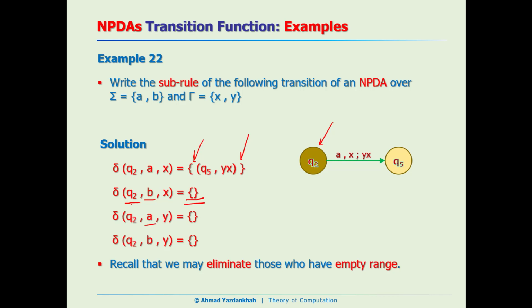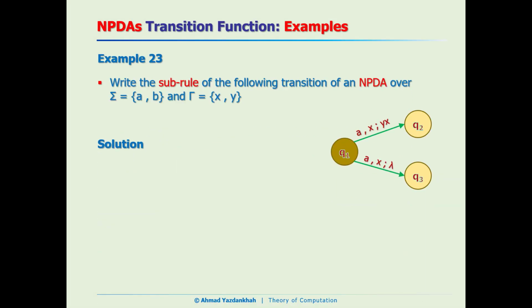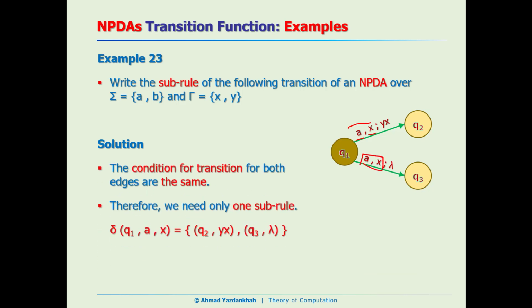And we have the same thing for the other possible values. As usual, we can eliminate all of those that are empty and just keep those subrules that have some values. Another example: here, as you see, the input is A, the top of the stack is X, and the same thing here. So in this case we will have two values for the range and we put both of them inside a set.